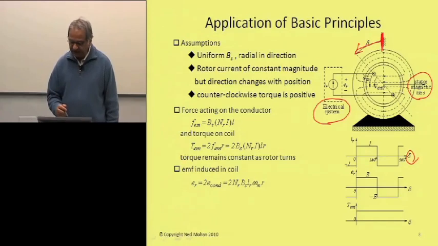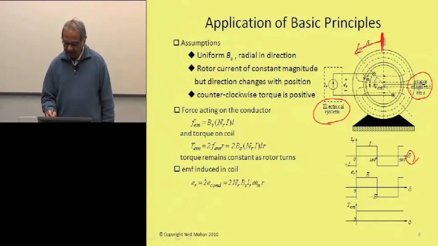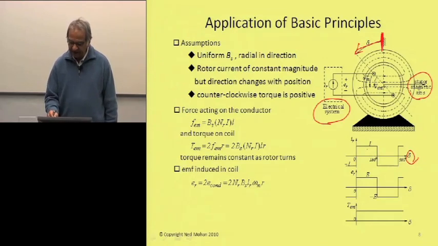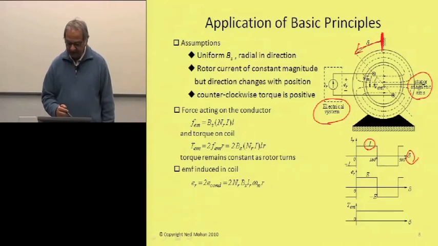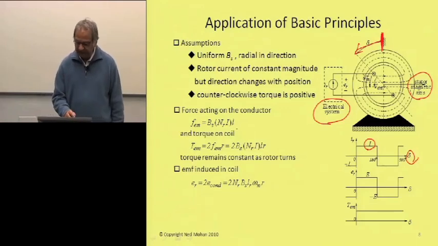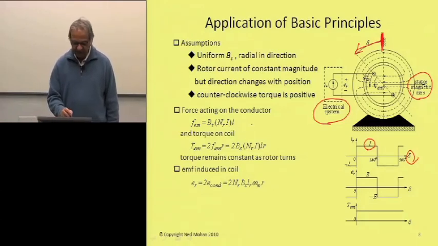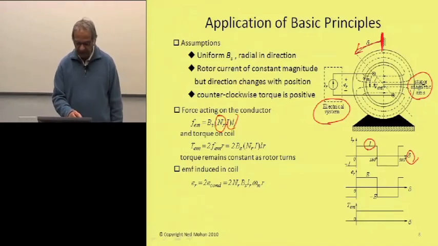So you can see that between 0 and 180 degrees of delta, this current is positive, of magnitude I. And we can calculate what the force would be on this coil of n sub r turns and length L, and therefore we can calculate what the electromagnetic torque would be on this coil, which is given by this here.